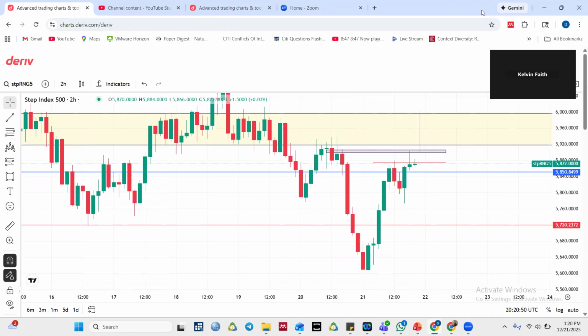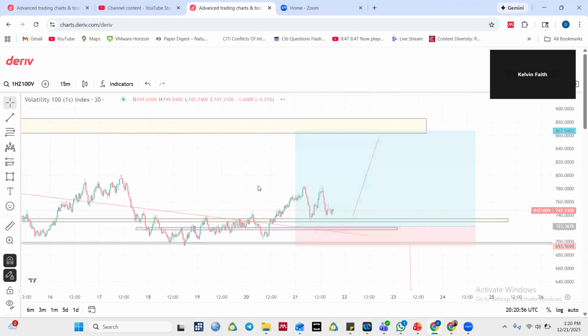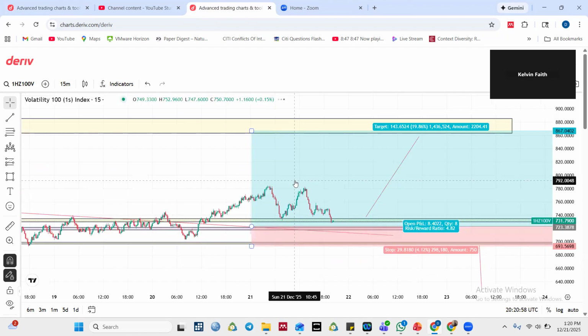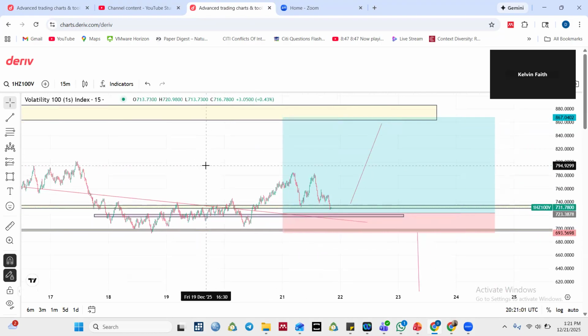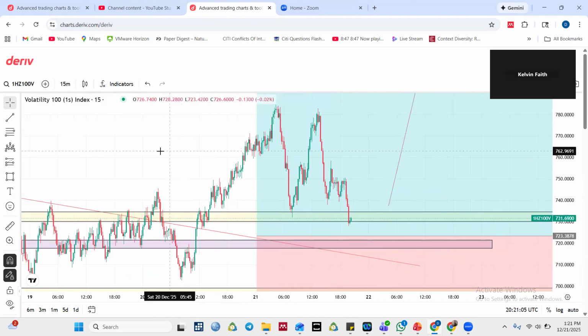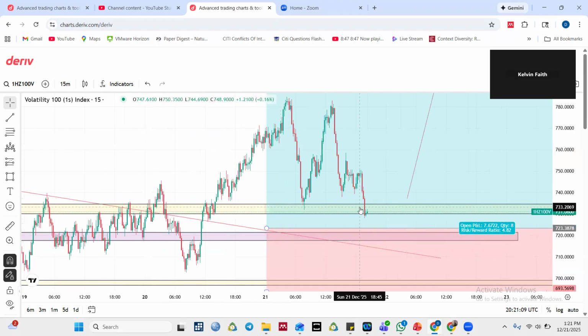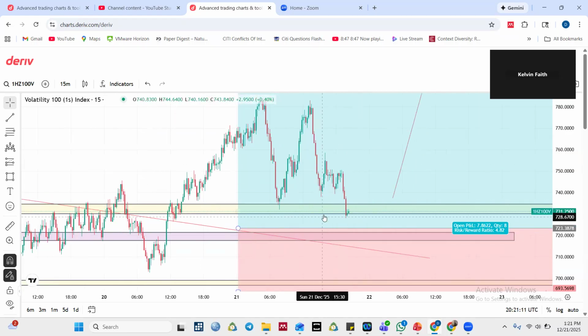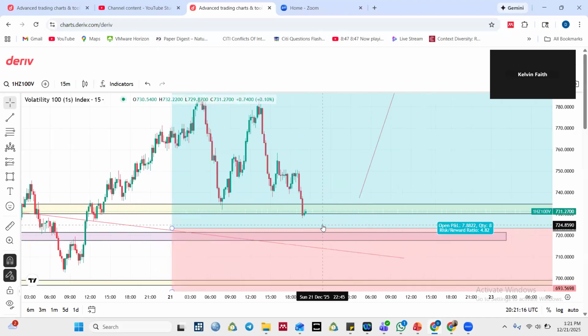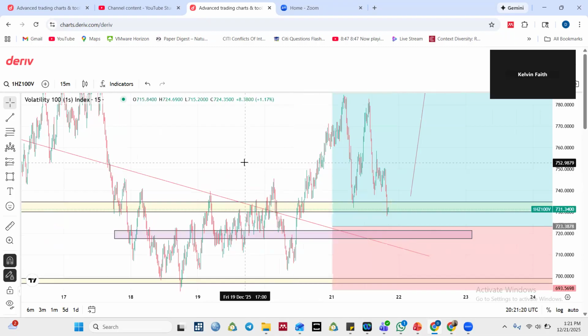Any questions? So this is the update on the Volatility 100 1s. Price is reacting into the yellow area, coming down to the entry zone for a buy. So let's keep watching to see what will happen.